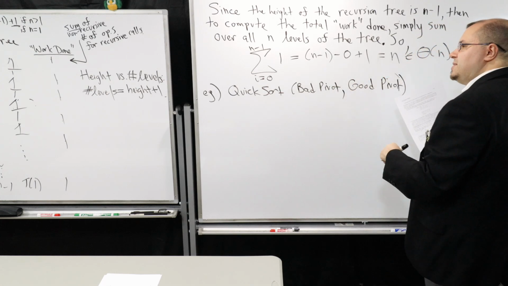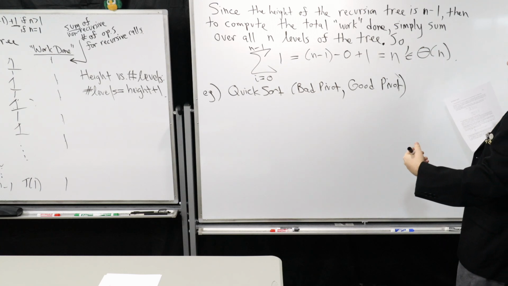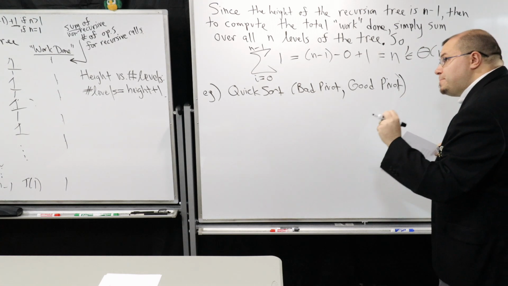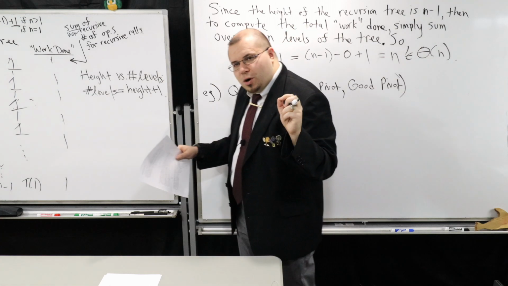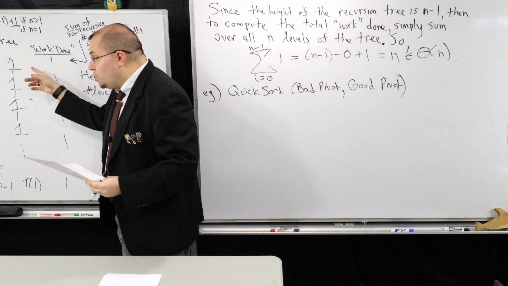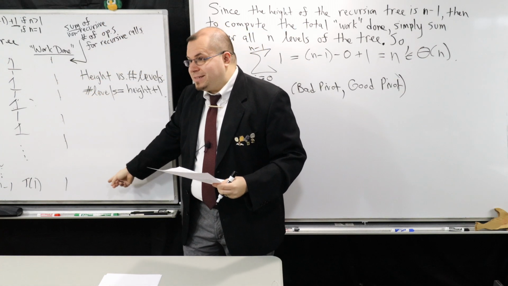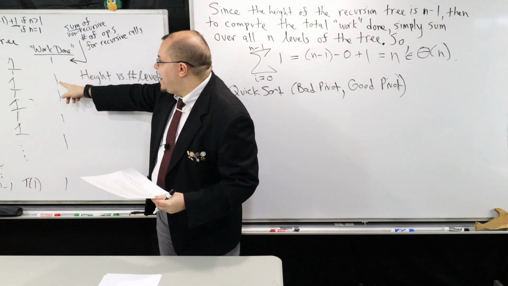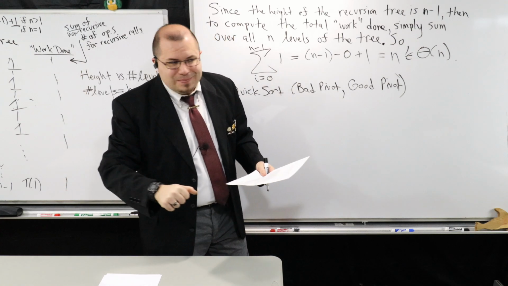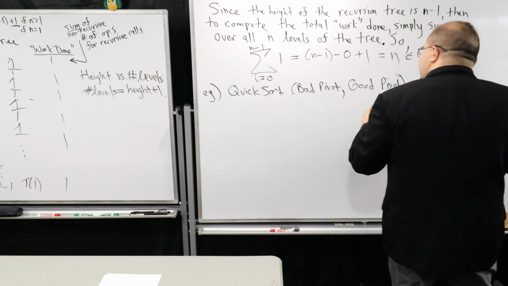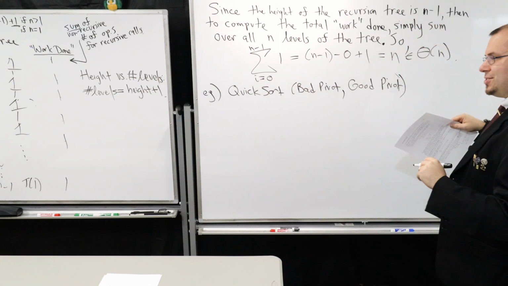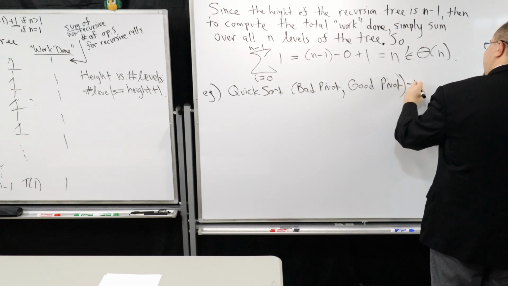Believe it or not, using this recursion tree approach, it's actually really simple. When you select a bad pivot, that's when you get the quadratic running time. It will look almost exactly like my first example here, except the work done will be n instead of 1. And the good pivot is going to be a little bit more interesting, so I'll put this in the notes for you to take a look at.